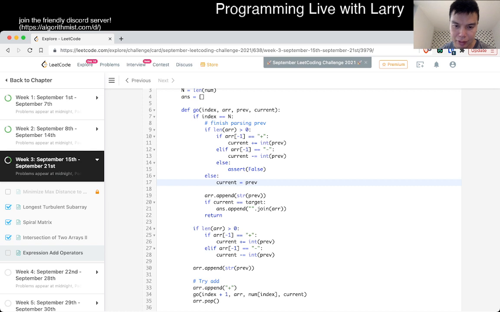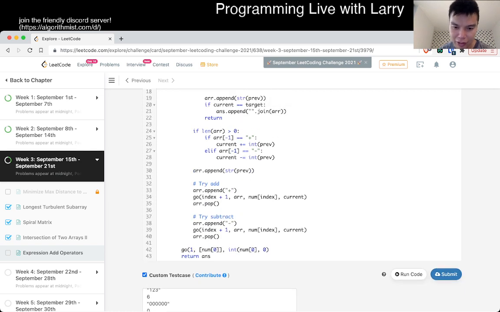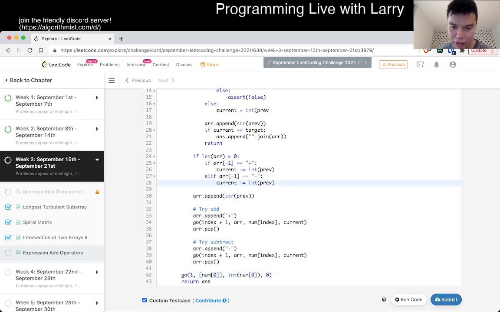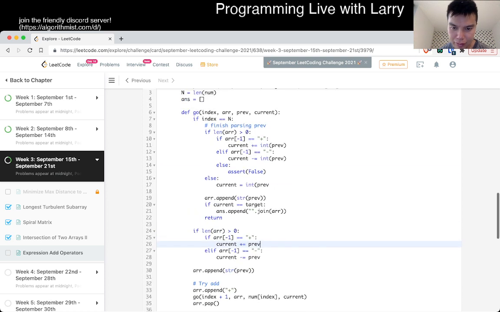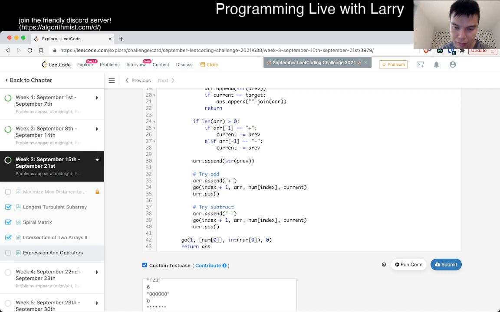Previous is supposed to be, yeah, okay. That's why I was getting a little confused about why we had to do this, because previous should be an int. Maybe we should convert everything to an int. That's the input.